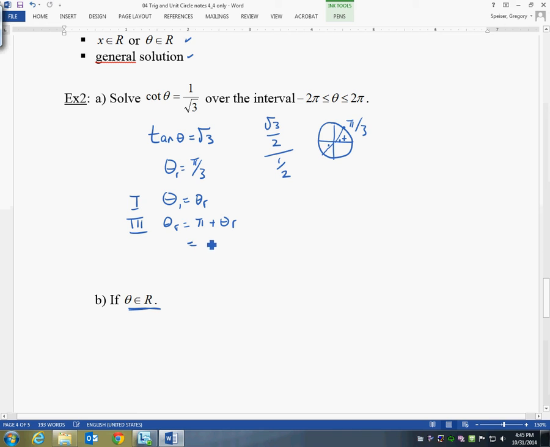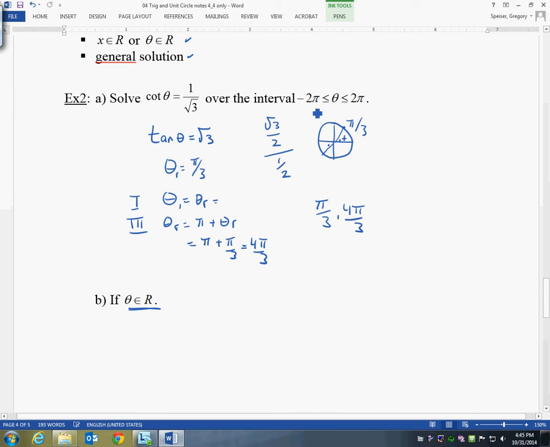So my answer will be pi plus pi over 3, which is 4 pi over 3. So I have two answers, pi over 3 and 4 pi over 3.